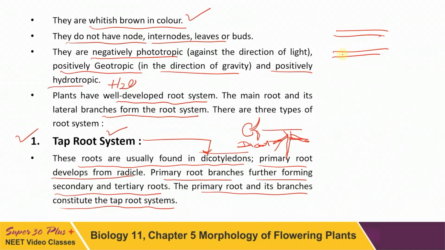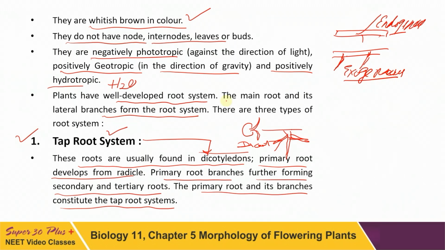Definitely the stem has nodes and internodes, while in case of root we do not have nodes and internodes. Branches may be there in case of stem, and in case of root also branches may be there. But in case of root, the branches come from inside. These are endogenous branches, remember, while the branches in case of stem are exogenous. We can easily identify the root and stem.